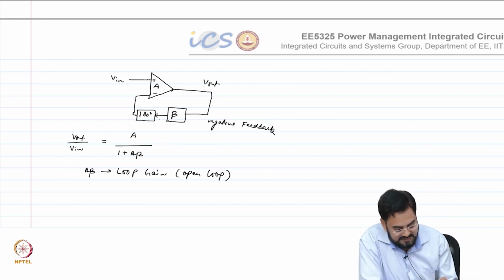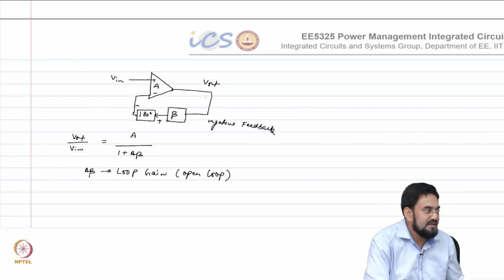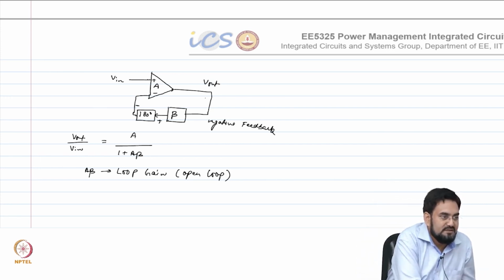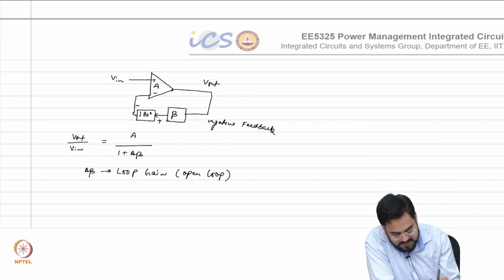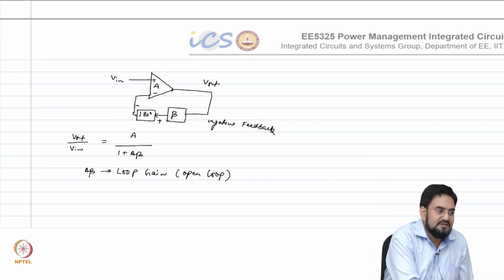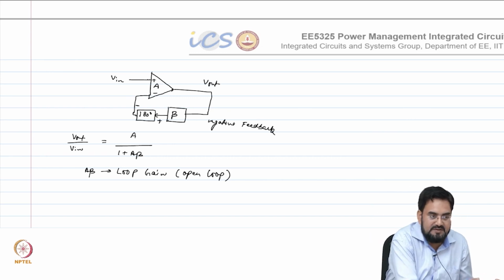So if this was positive, this will become negative. Now negative will become positive. So if in your loop you have a 180° phase shift, then it will make your negative feedback into a positive feedback, and if your gain becomes 1 or more than 1, then it will become unstable.